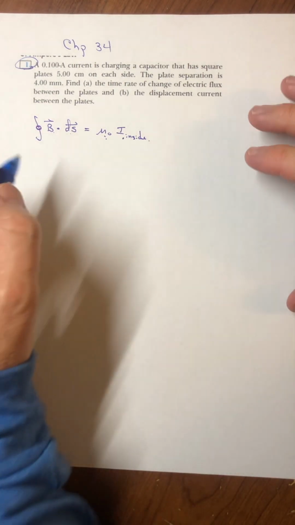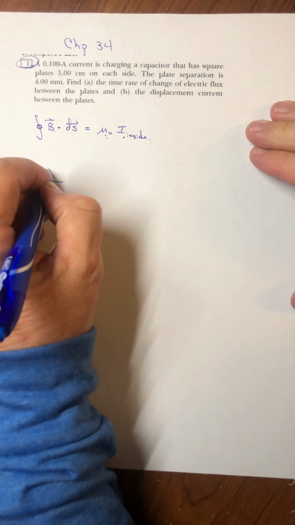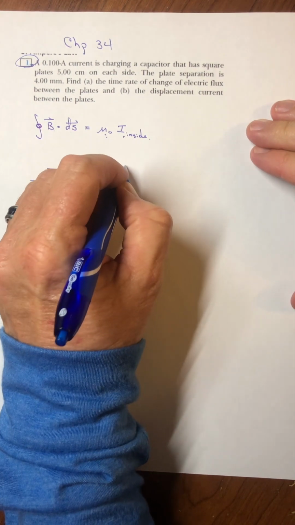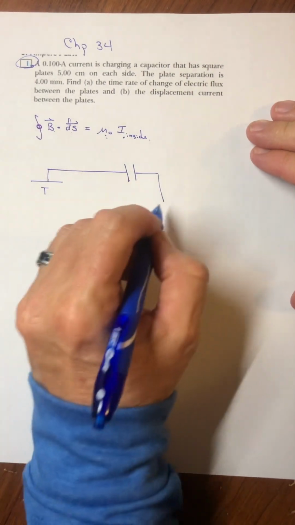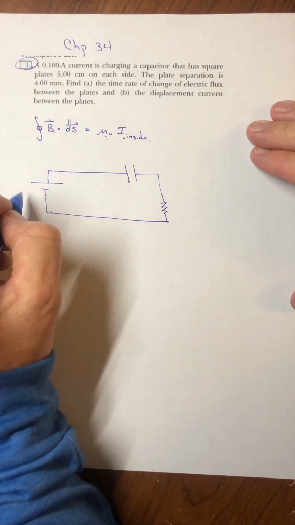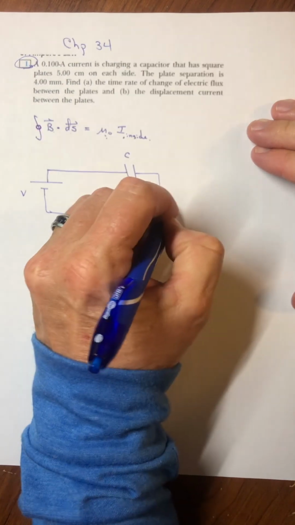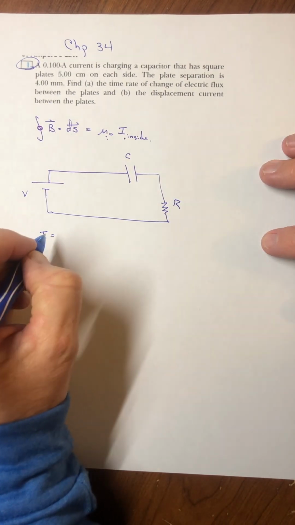And it was Maxwell who was looking at this problem in terms of a capacitor and was bothered. If I put a capacitor somewhere in the circuit with a resistor, here's V, here's C, here's R, we learned there would be a current.